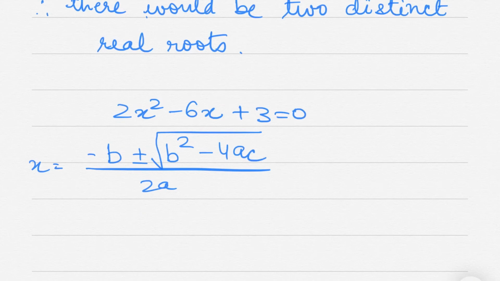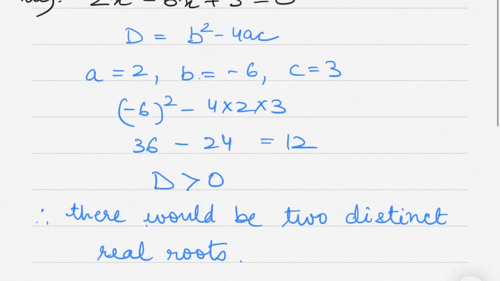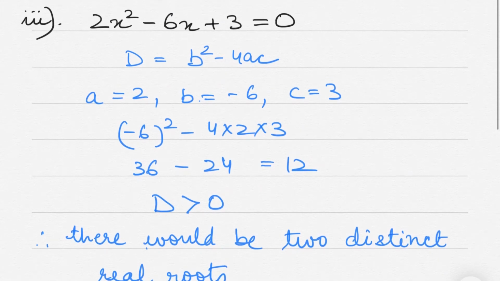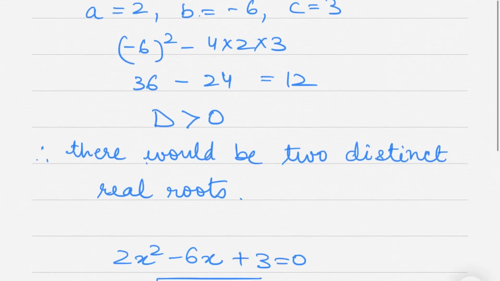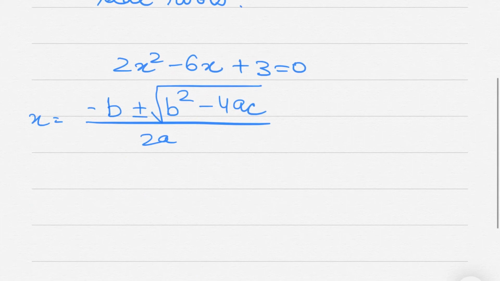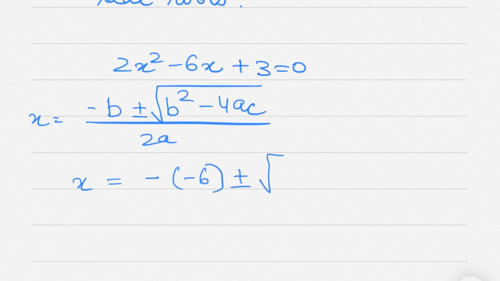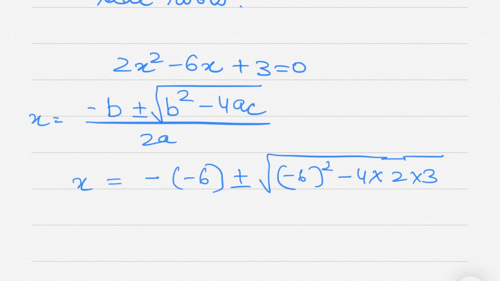We have already found a, b and c: a is 2, b is minus 6 and c is 3. Let me substitute now. x would be equal to minus of minus 6 plus minus root of minus 6 whole square minus 4 into 2 into 3, and we already found that this value comes out to be 12.